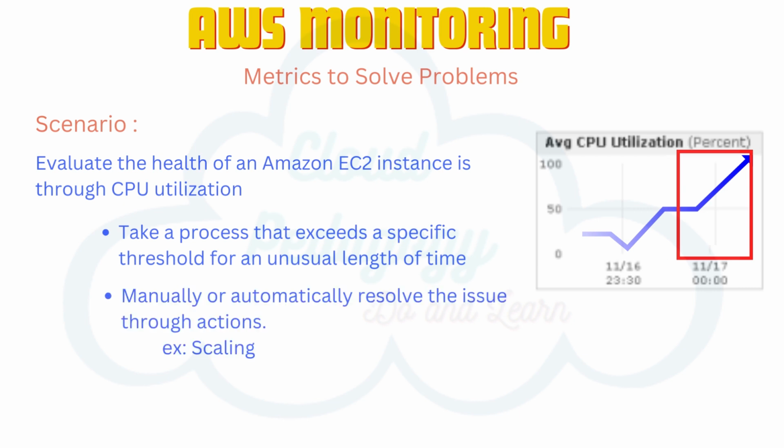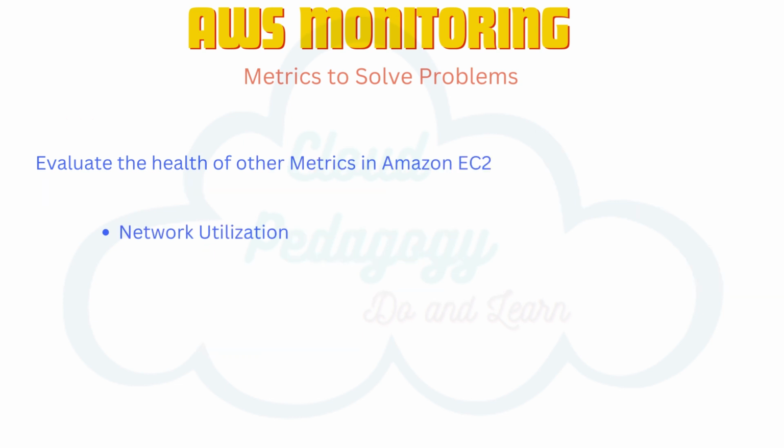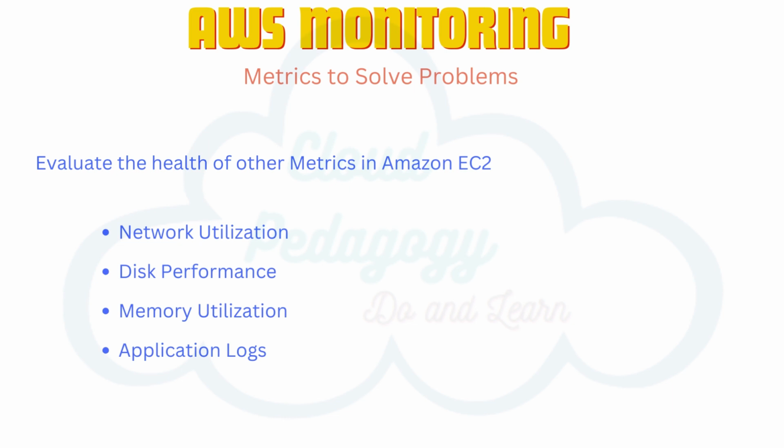Use that abnormal event as a cue to either manually or automatically resolve the issue through actions like scaling the instance. This is one of the examples in metrics. Other examples of metrics EC2 instances have are network utilization, disk performance, memory utilization, and the logs created by the applications running on top of EC2.